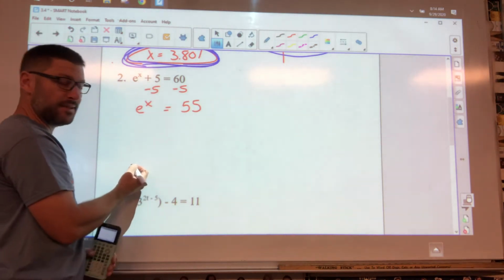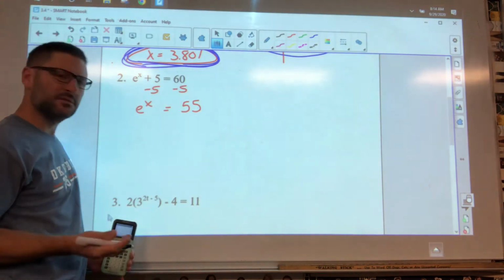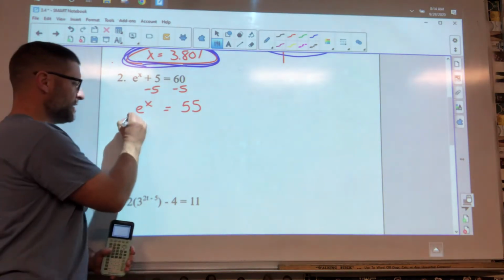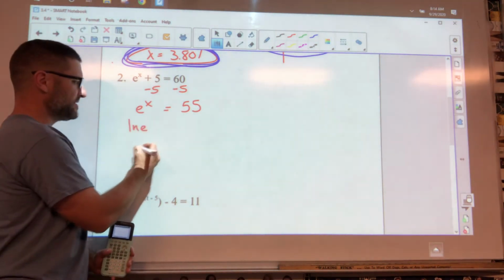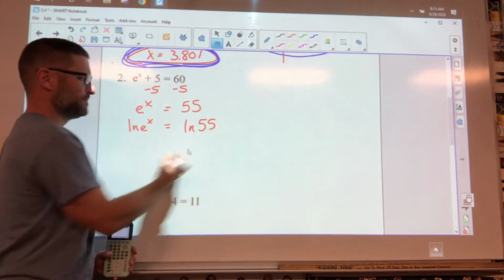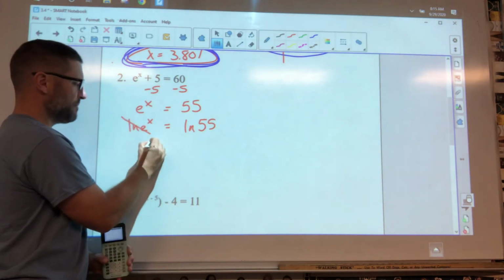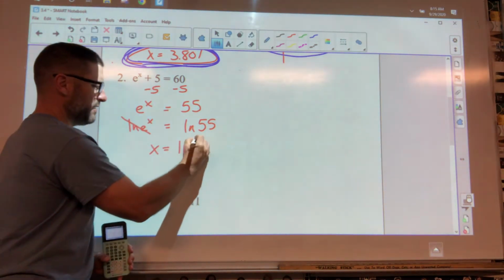Or I could think about this: what cancels e's out? Well, ln's get rid of e's. So I'm going to tack an ln on this side, and an ln on this side. The ln of e wipes out, and I get x equals the ln of 55.